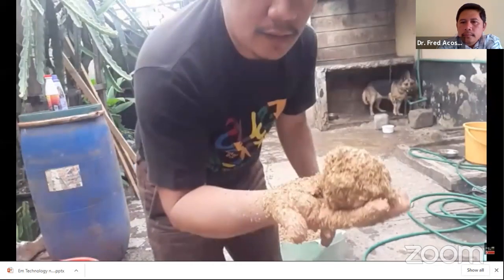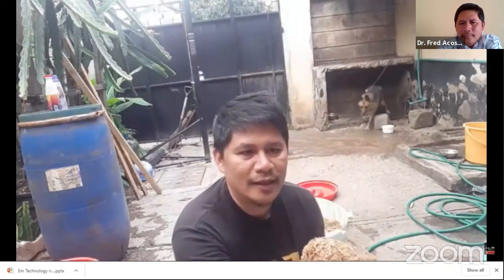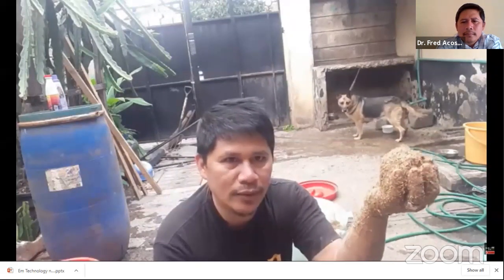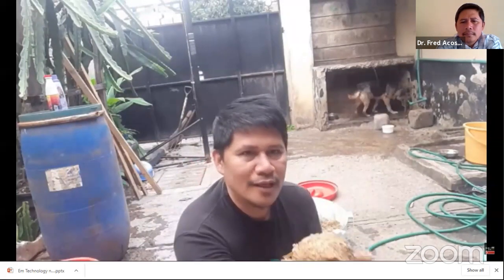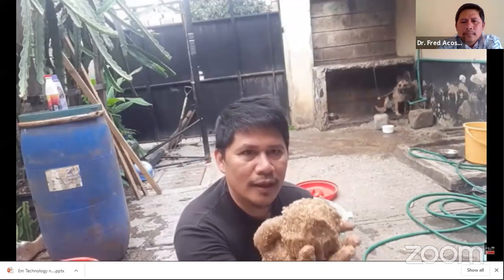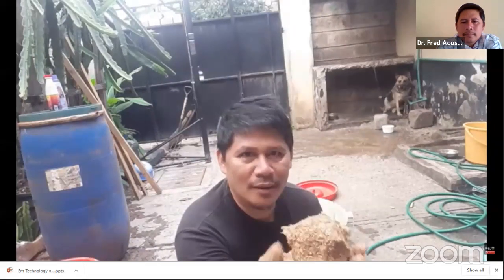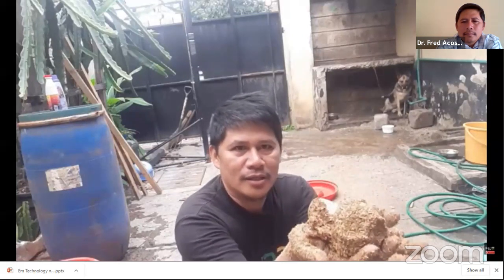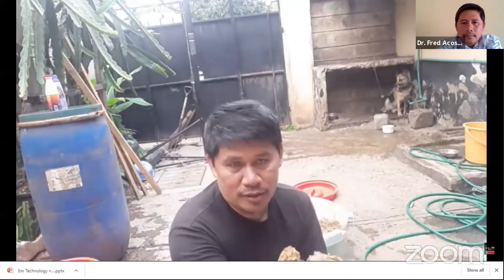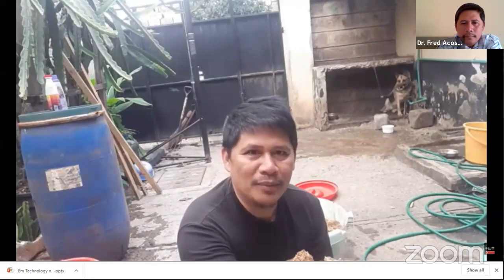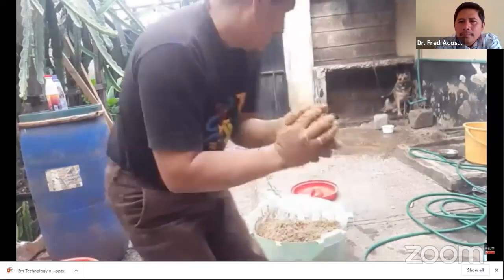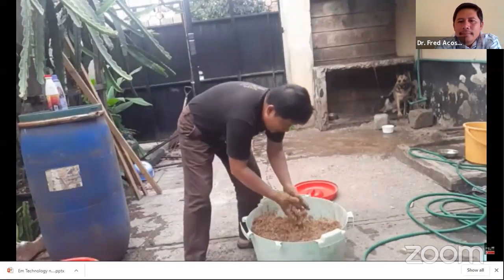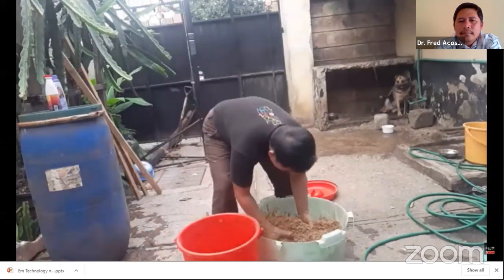So this is the right moisture content. When you squeeze, there's no drop of water that will flow. At the same time, you'll retain the form of your substrate, but when you do like this, it breaks so easily. That's the best moisture, 40 to 50% moisture only. Then let's put it back to our container.